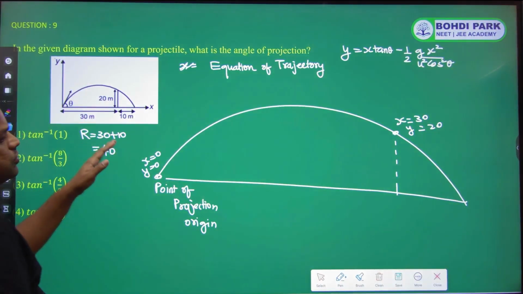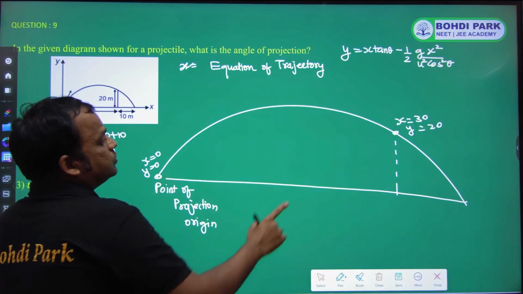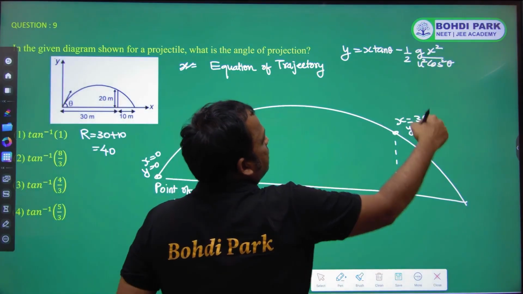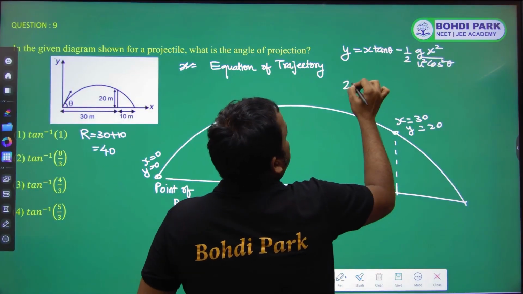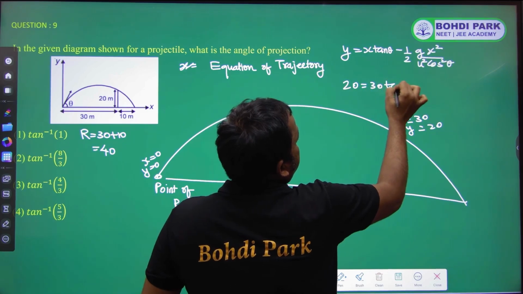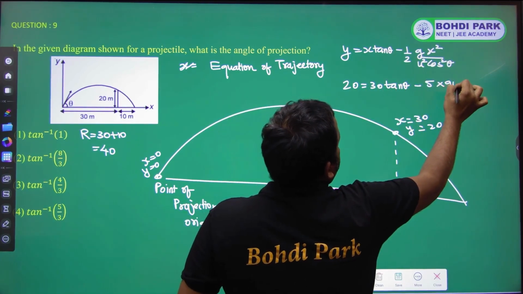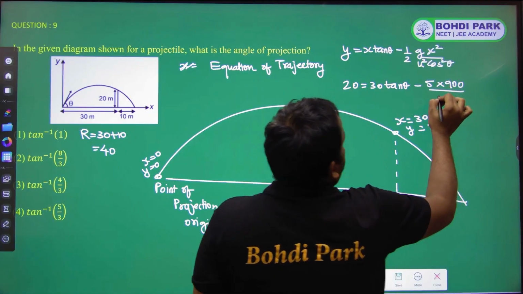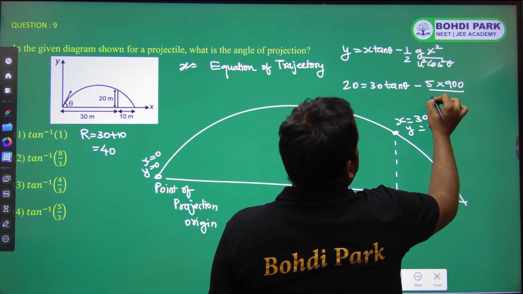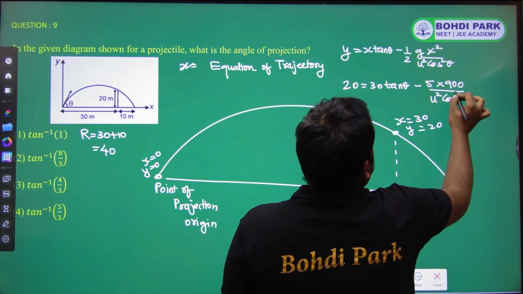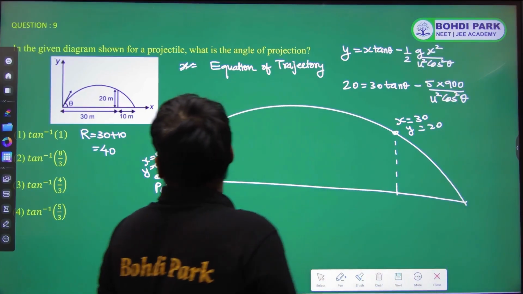So we substitute x and y value. So x is 30, y is 20. So 20 is equal to 30 tan theta minus 5 into x square divided by u square cos square theta.